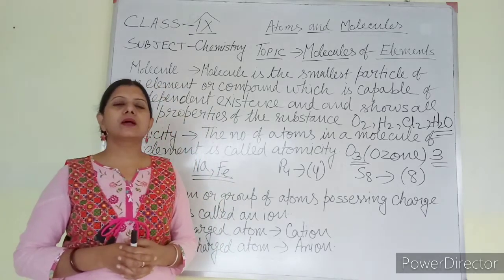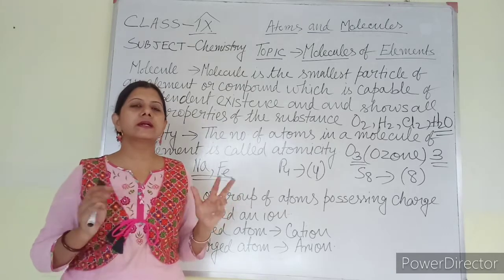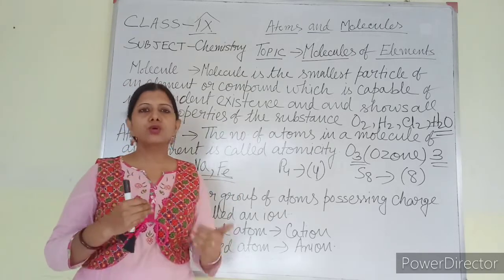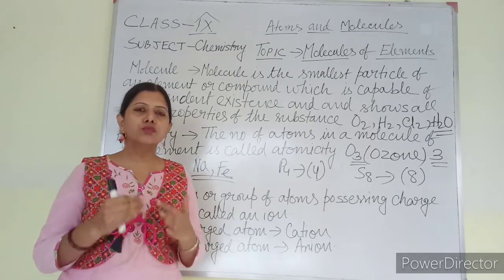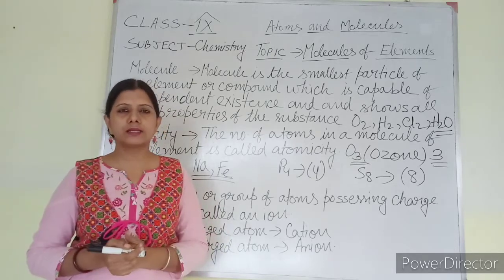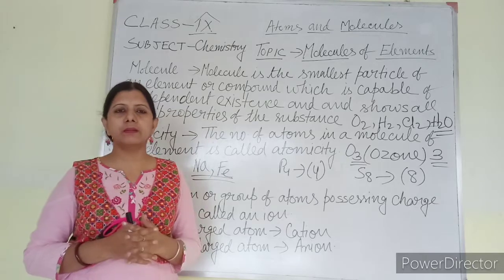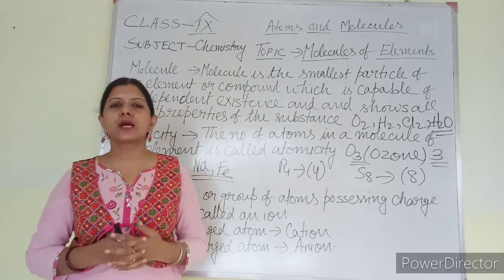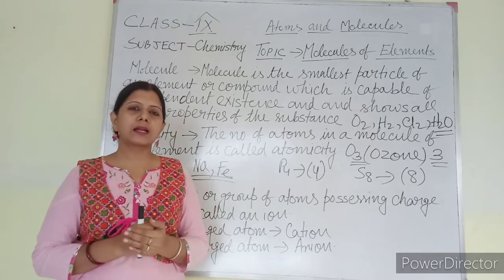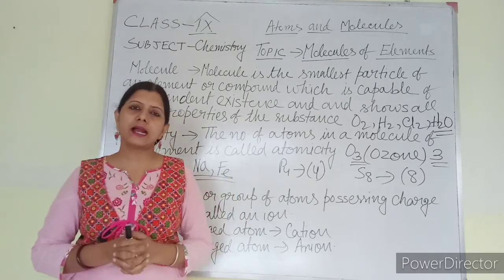Electrons revolve around the nucleus in different orbits. So due to chemical reaction, an electron can sometimes move from one element to another element. So one element can be deficient of electrons or it can have extra electrons. According to that, charge develops on the atoms.